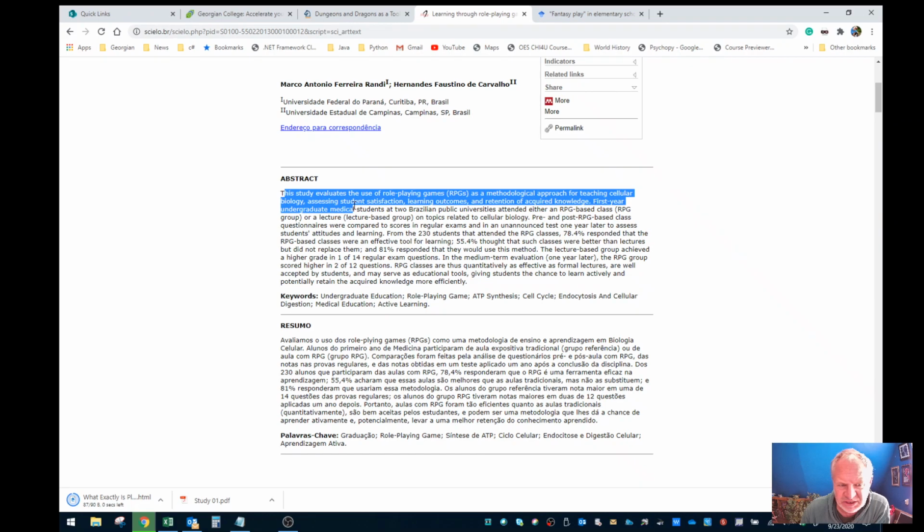They did this with undergraduates. It's probably stretching it a bit. But you could probably extend it down as an example of a study with higher grades in terms of using role playing. Cool. Now, it's not necessarily Dungeons and Dragons, but it is a role playing game.